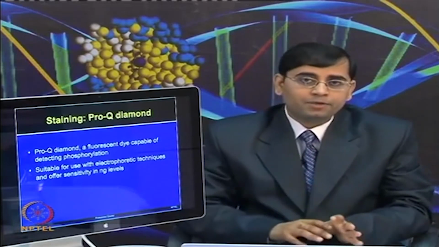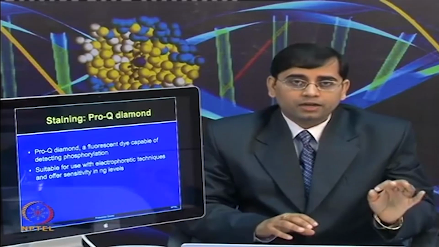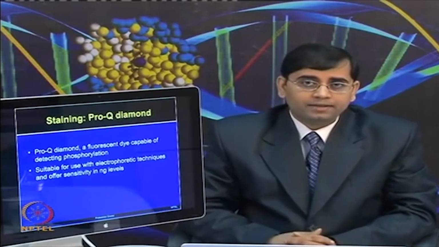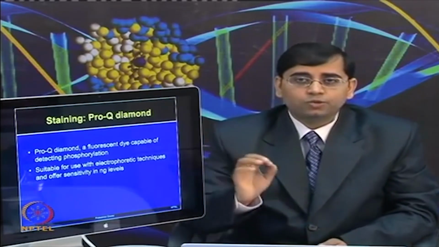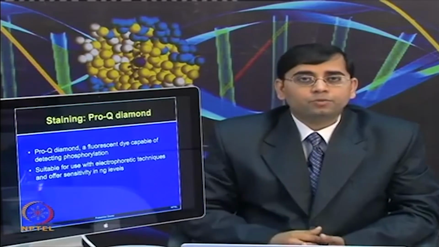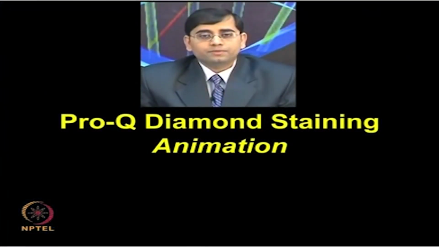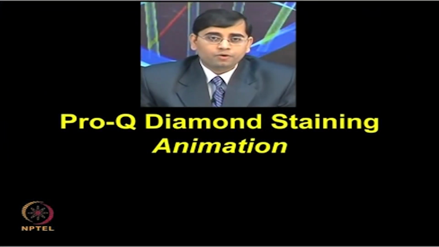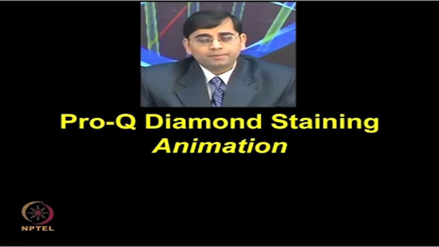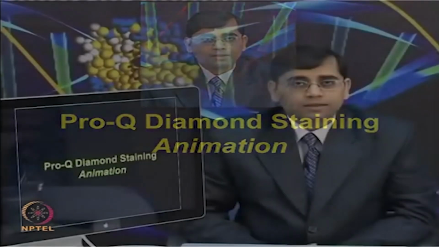Many proteins are separated on the gel, among those a certain number are phosphorylated. One can then further excise those spots and do the mass spectrometry for their further identification and characterization. Now, let me show you this animation for doing Pro-Q diamond staining followed by dual staining.